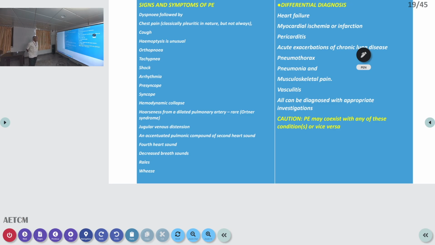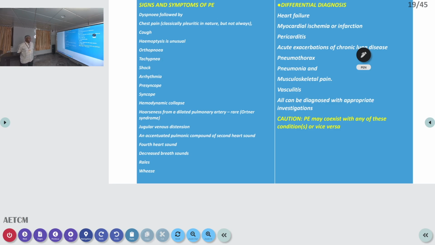This is a long list on the left side of the signs and symptoms of pulmonary embolism, starting from dyspnea, chest pain, cough, hemoptysis, and it may go to the level of syncope. Then clinical signs are jugular venous distension, an accentuated pulmonic component of the second heart sound, fourth heart sound, decreased breath sound, so many things.